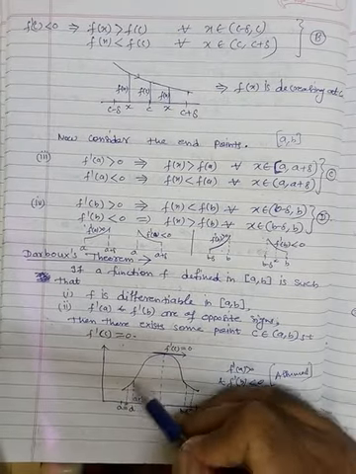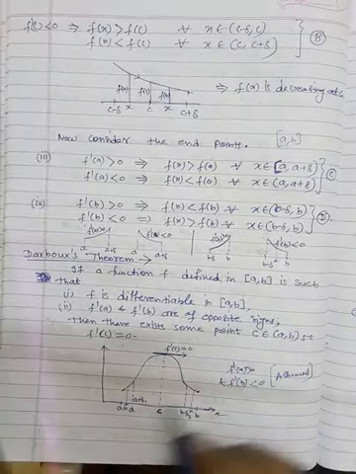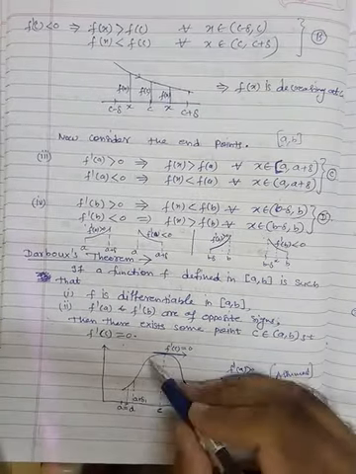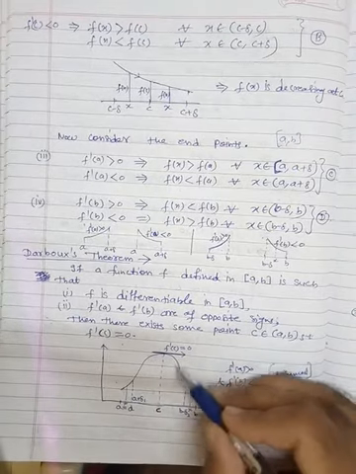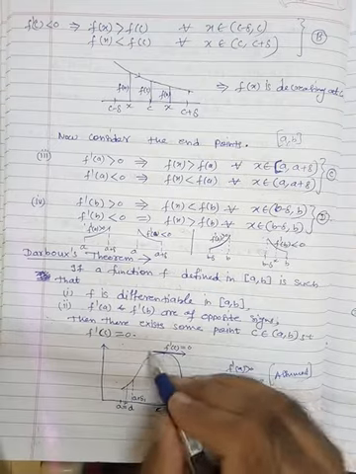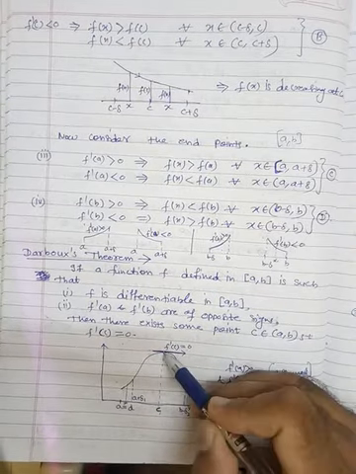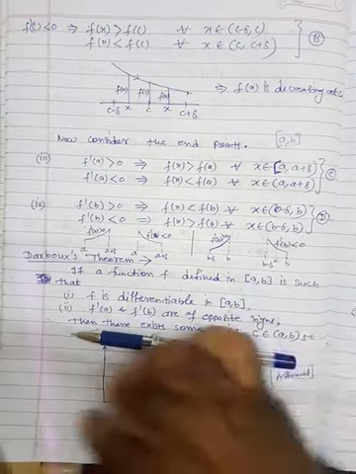Positive means increasing, negative means decreasing here. So in between these two, when this is increasing and this is decreasing, obviously there will be a point c such that f dash c is 0. That means we get a point here where the tangent is parallel to the x-axis.